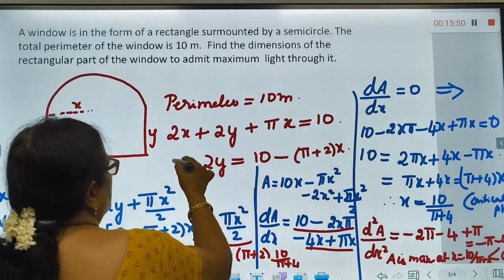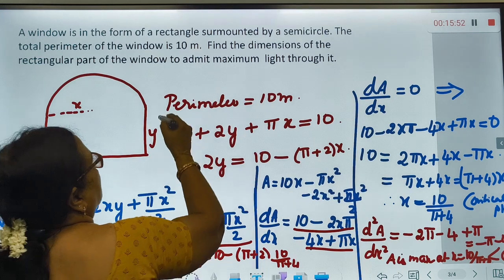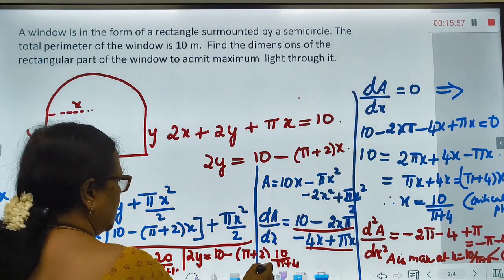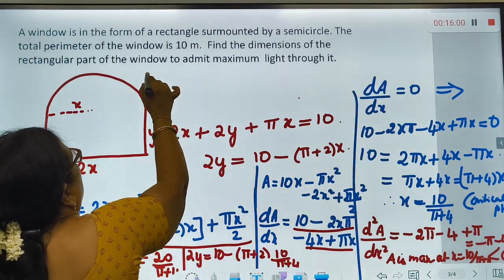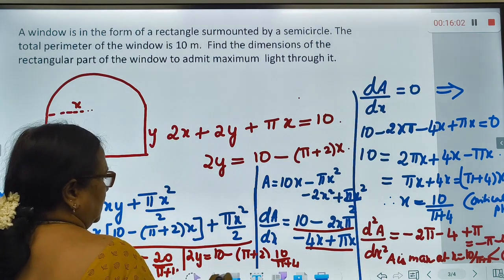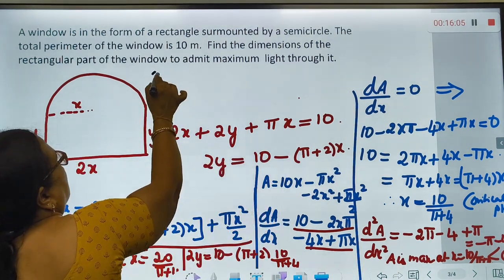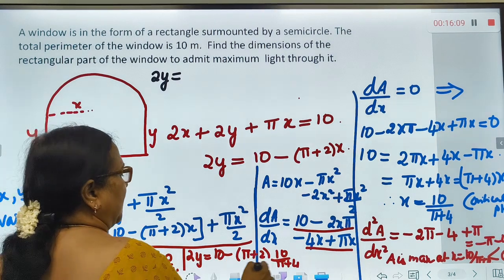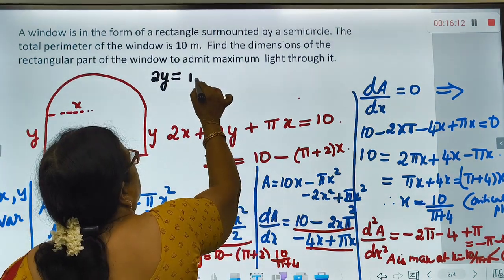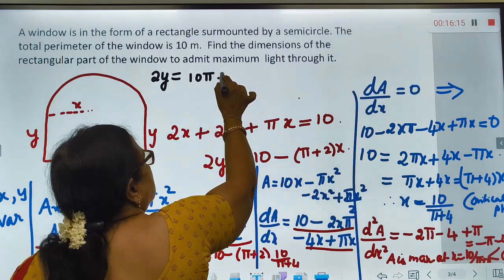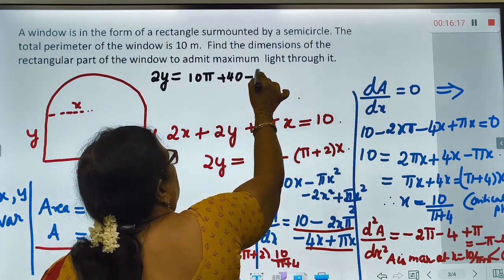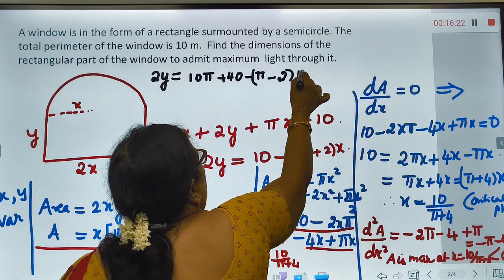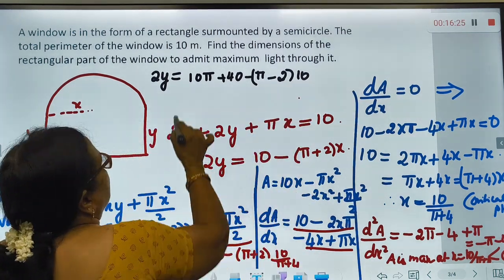Okay, so this is 2y. So 2y is equal to, taking LCM, 10 pi plus 40 minus pi minus 2 into 10 by pi plus 4.